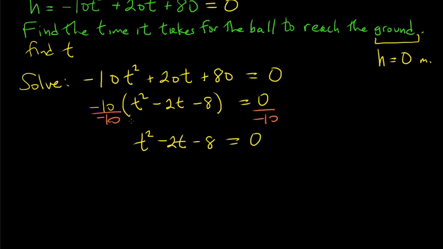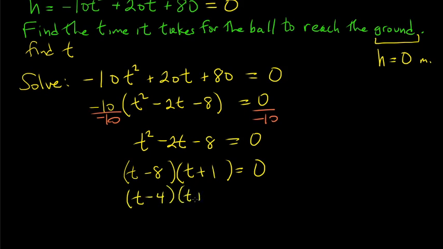So this is a very, very standard, typical quadratic equation. And to factor it, we're just looking for two numbers whose product is negative 8 and whose sum is negative 2. Okay. So it's not going to be negative 8 and positive 1 because that adds to negative 7. It's got to be negative 4 and positive 2.